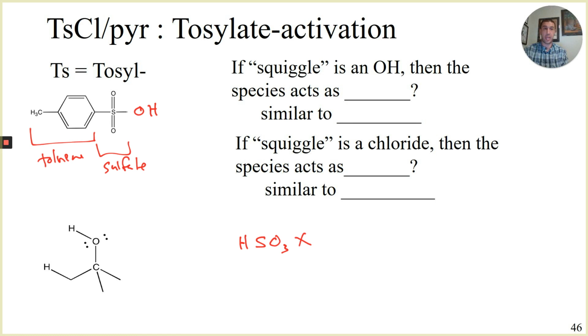Okay? If we made that X group extra an OH, what do we have? We would have H2SO4 or sulfuric acid. Okay? When we put an OH on there, that hydrogen becomes exceptionally acidic, very similar to sulfuric acid.